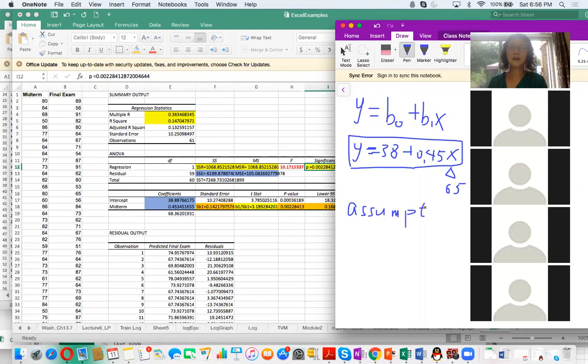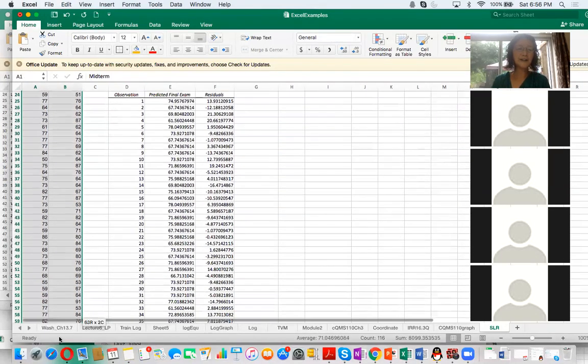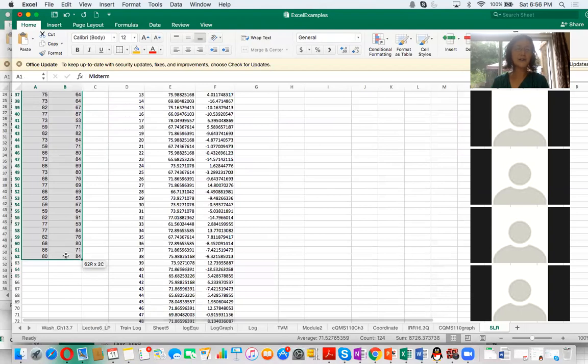Assumptions for the linear model: the first one is linear, meaning X and Y are approximately on a straight line. So how do I know? You can create a scatter plot between midterm and final exam to see if there is a linear relationship.